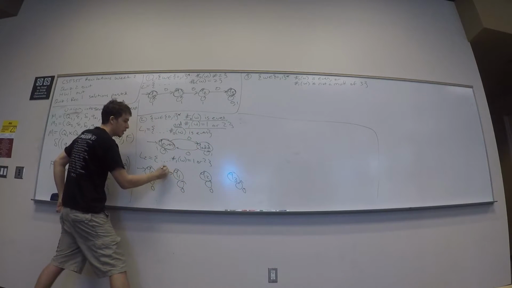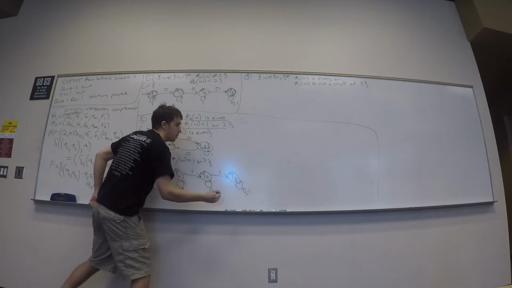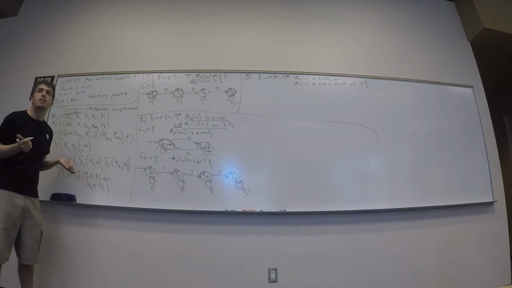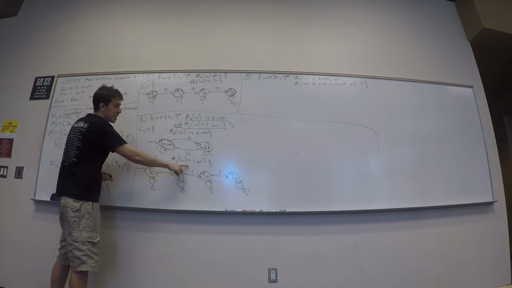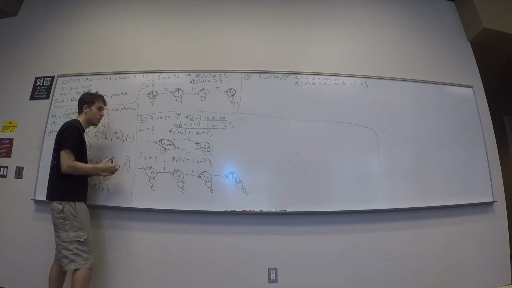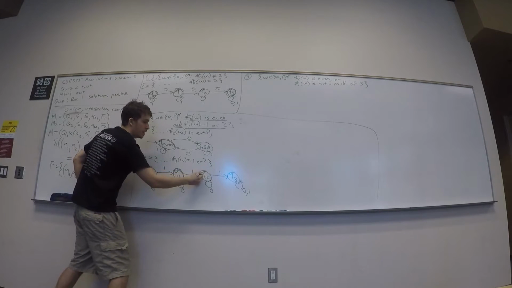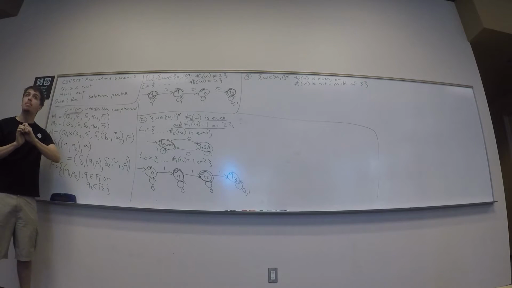And then, what are the final states again? Q1 and Q2, because I want to recognize seeing exactly 1 or exactly 2 ones. So this one's final, and this one's final. Okay? Any questions about any of this?